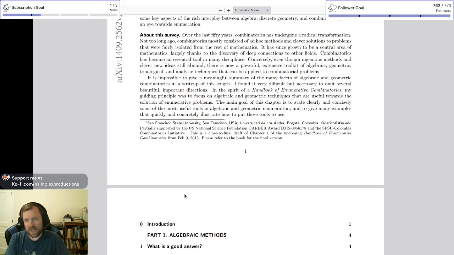In the spirit of a handbook of enumerative combinatorics, my guiding principle was to focus on the algebraic and geometric techniques that are useful towards the solution of enumerative problems. The main goal of this chapter is to state clearly and concisely some of the most useful tools in algebraic and geometric enumeration, and to give many examples that quickly and concretely illustrate how to put these tools to use.